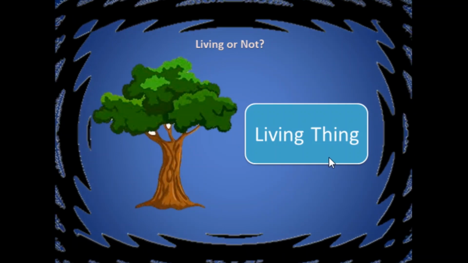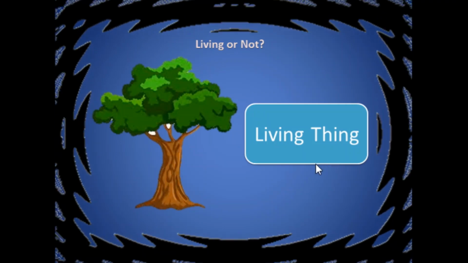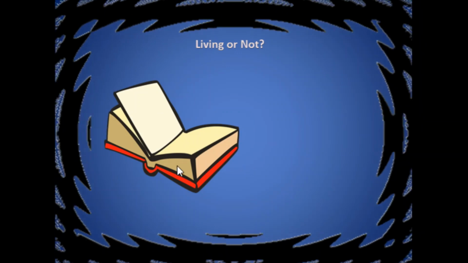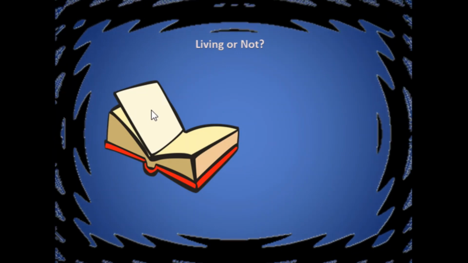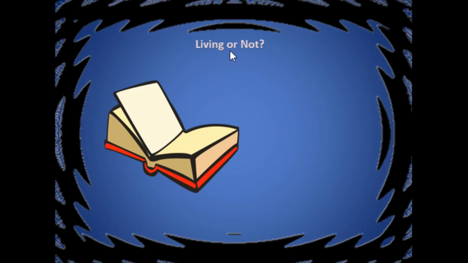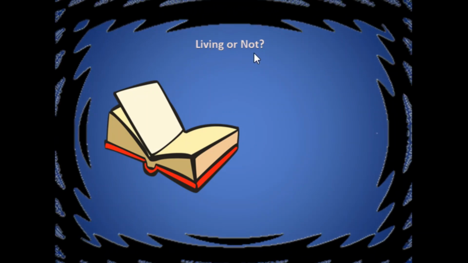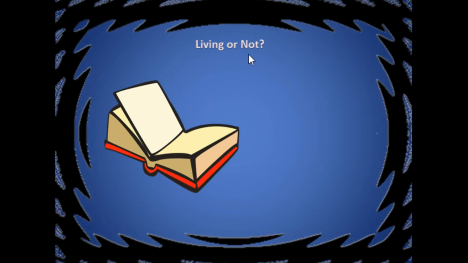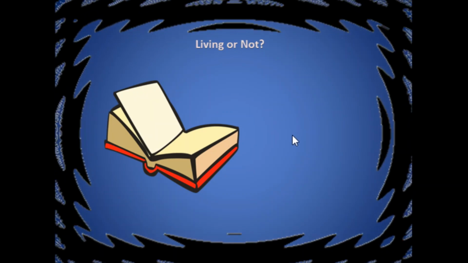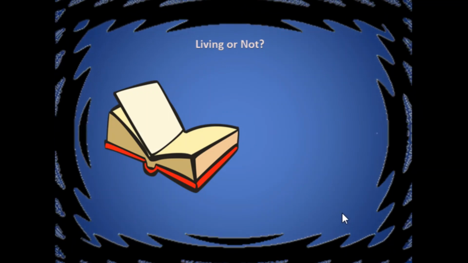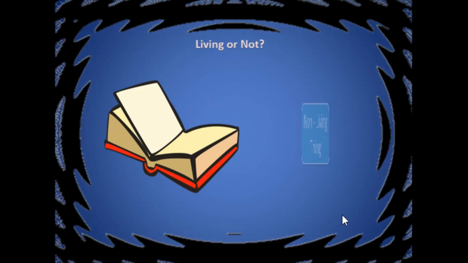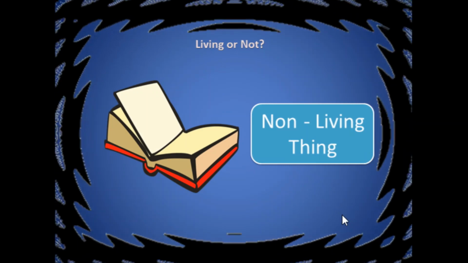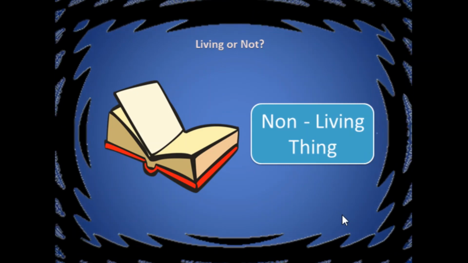Very good for those who answered living thing. Good job. Next, how about this book? Is a book living or not? What's your answer? Very good. It's non-living. It does not eat, it does not move.